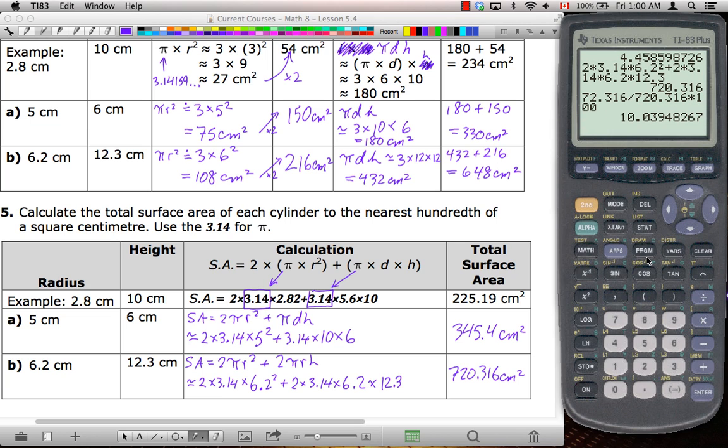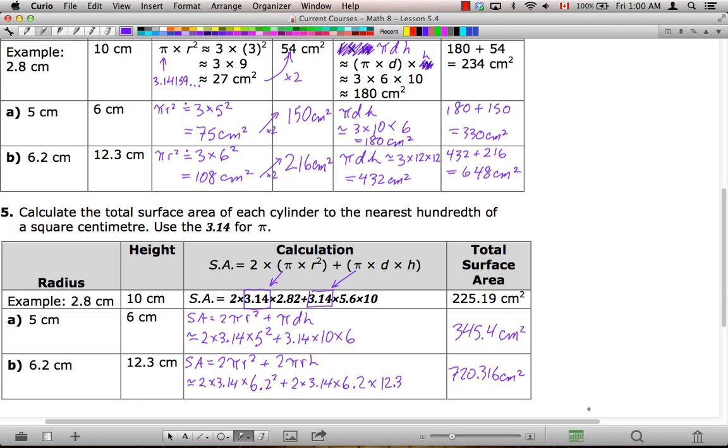That's a little bit on the high side, but the reason for that is because we rounded both the radius down to approximately 6 and also the height down to approximately 12, and that makes the overall calculation a little bit off.